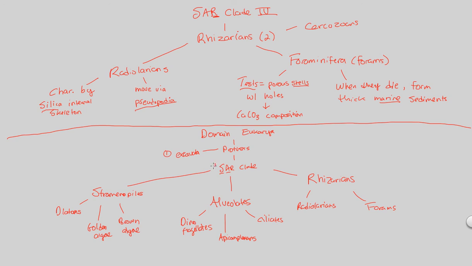Remember how we did 1? This is the second supergroup, 2, and we're also going to cover the third supergroup. And that third supergroup will be our Archaeplastida. So we'll write that down as a future video. The next one actually will cover the Archaeplastida. Okay? And that covers our SAR clade.